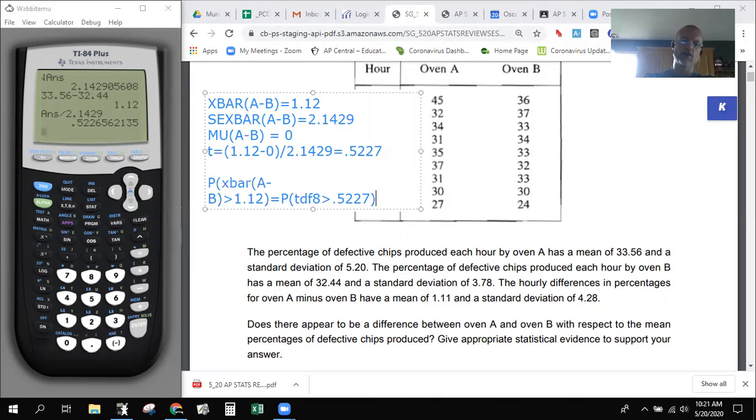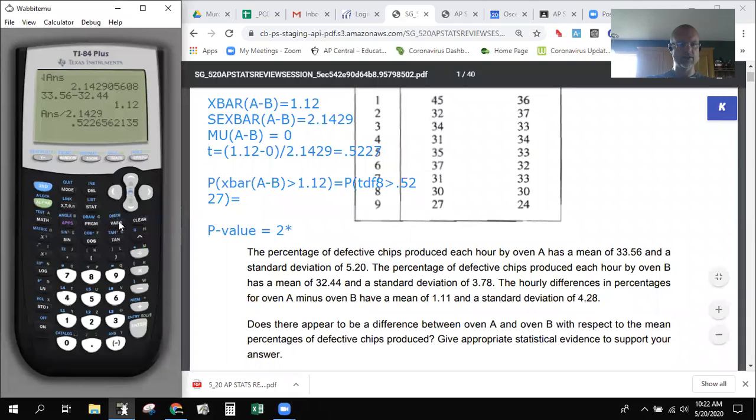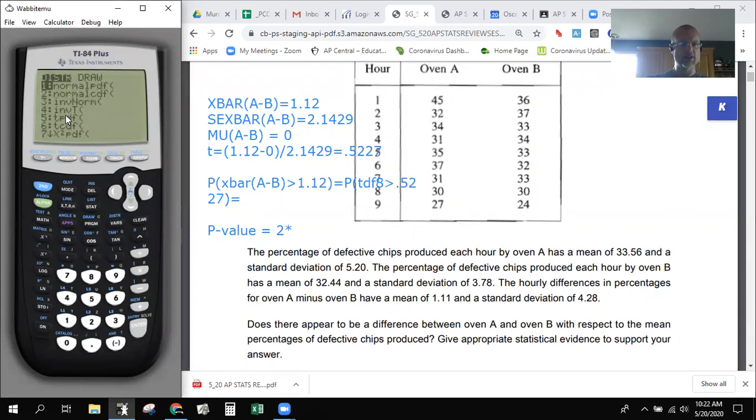All right, so because we're doing a two-tailed test, we have to double this probability to get the true p-value. So the p-value is equal to 2 times... Now I have to go to my distribution, so second distribution, and go to the tcdf, which is 6.